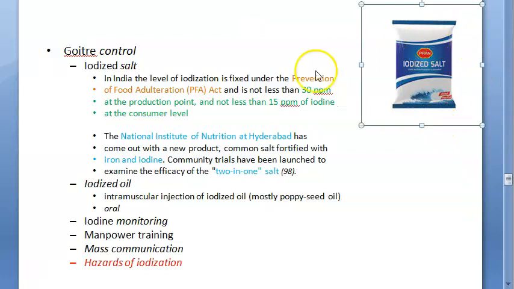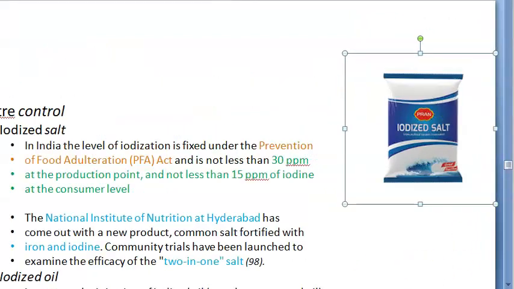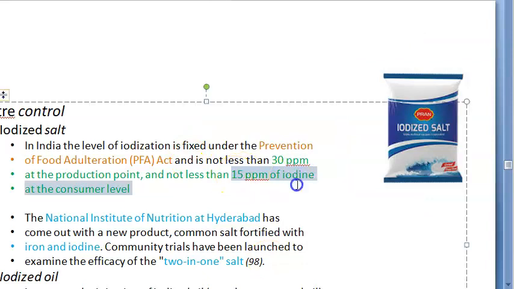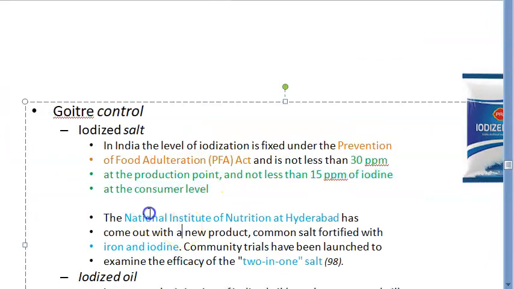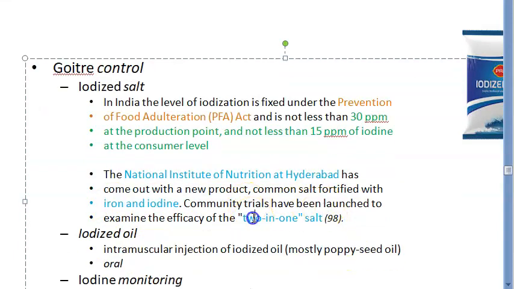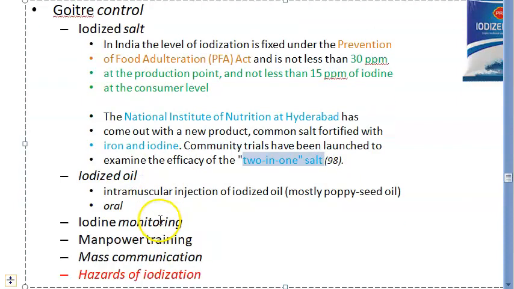Under the Prevention of Food Adulteration Act, you should have iodine in salt not less than 30 parts per million at the production point and not less than 15 parts per million at the consumer level. National Institute of Nutrition at Hyderabad has now come up with iodine and iron in salt. They are trying it, a 2-in-1 salt, where you'll have iron and iodine in salt.